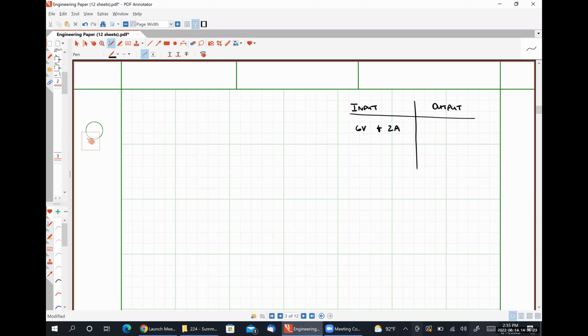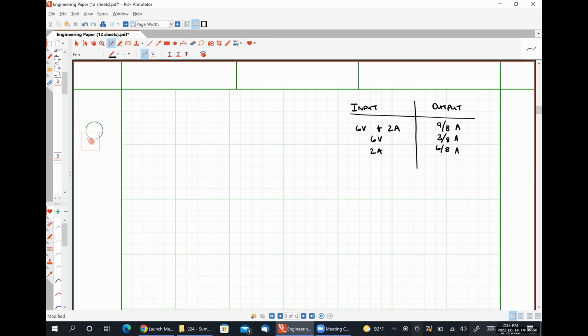And we observed that IX, our output, was 9/8 of an amp. Then we analyzed the circuit with the 6-volt source on by itself and saw that the result was 3/8 of an amp. We analyzed the circuit with a 2-amp source on by itself and observed that our result was 6/8 of an amp.